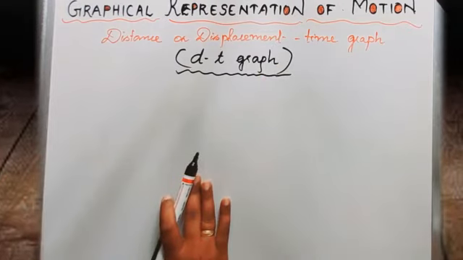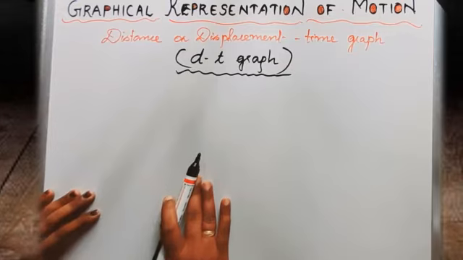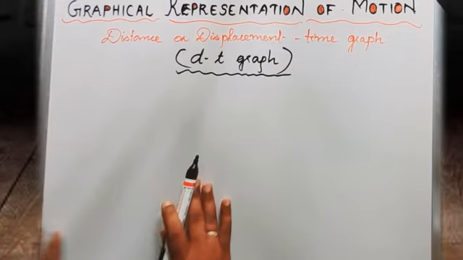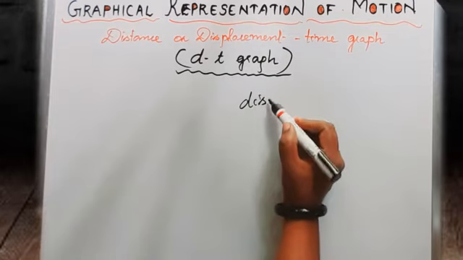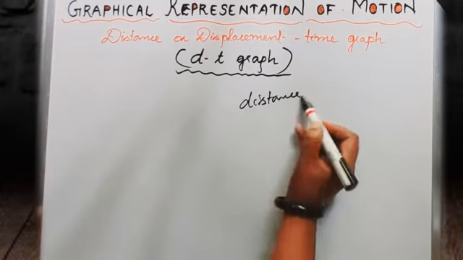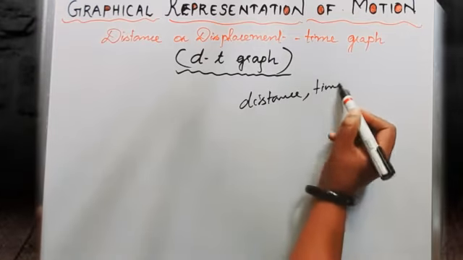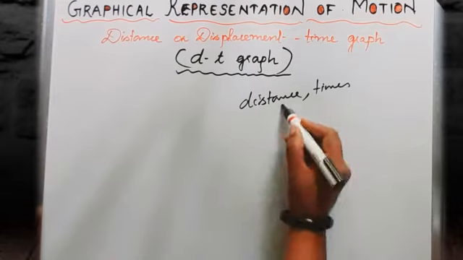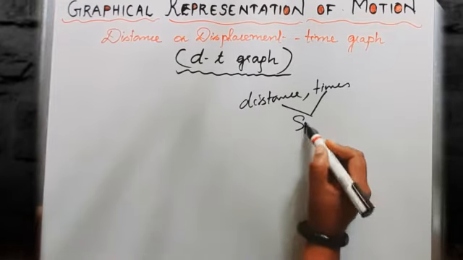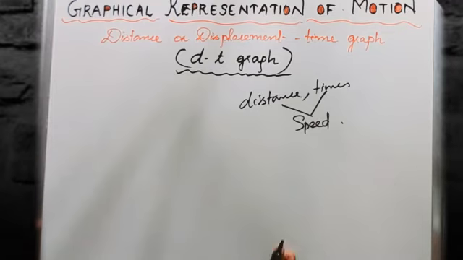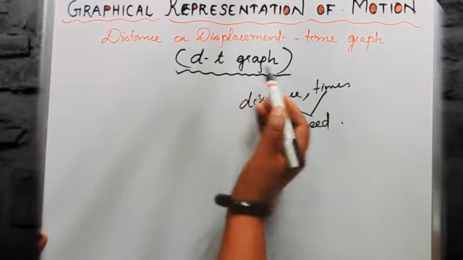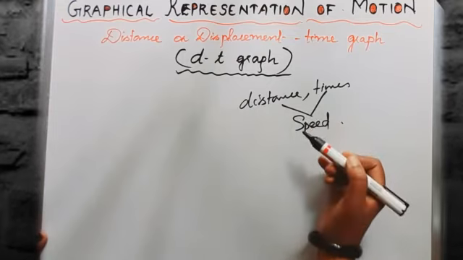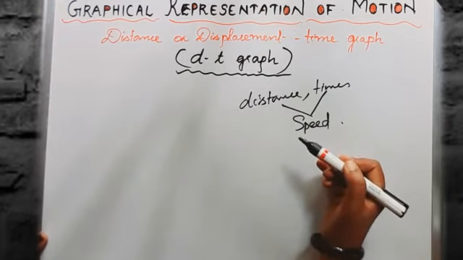Here we have distance with respect to time. What can we find out from this? We will get speed. So this distance time graph gives the speed of an object.